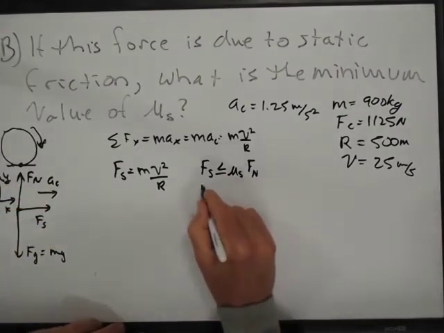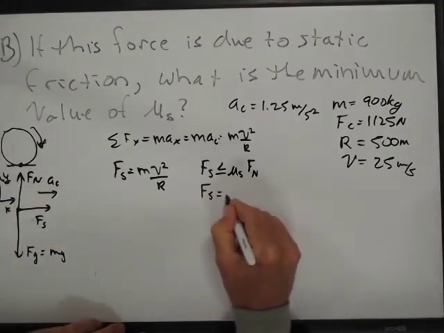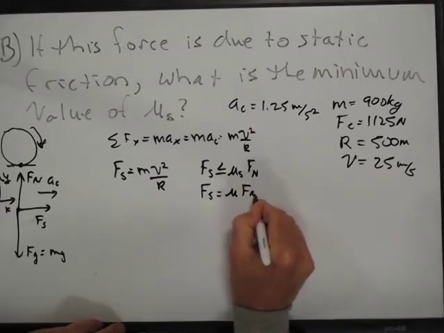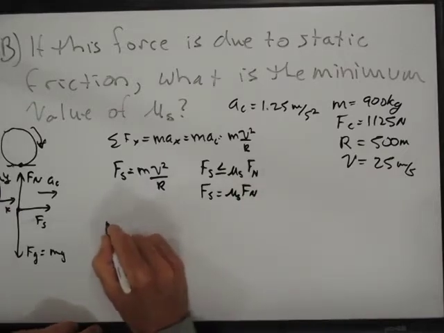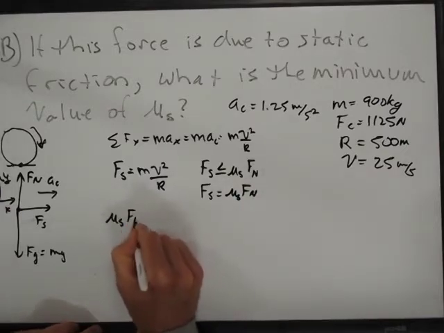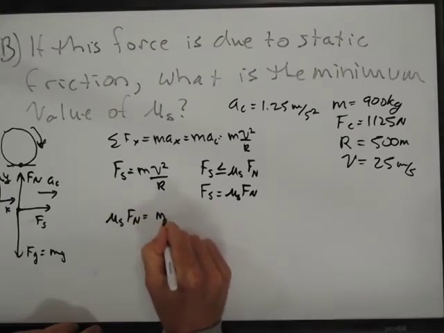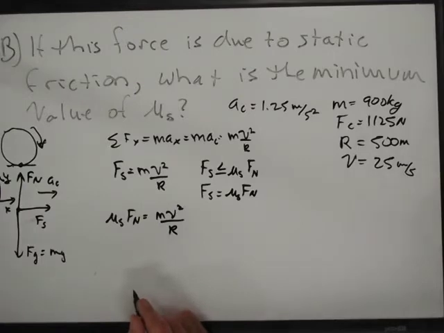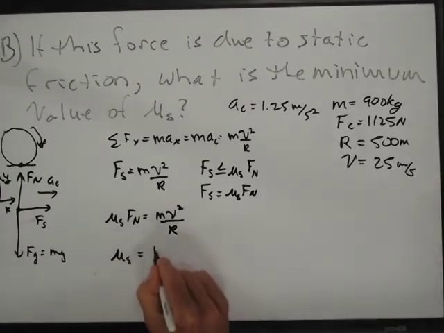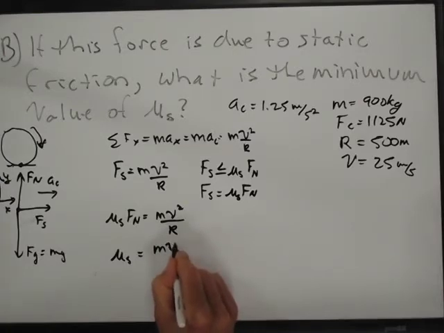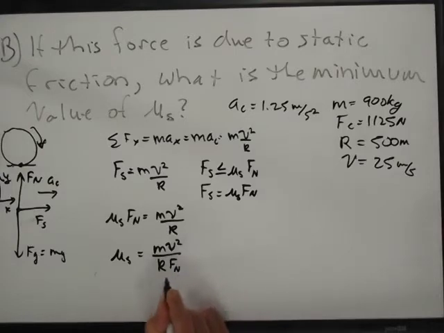And so F sub s is equal to mu sub s times the normal force. Now we get mu sub s times the normal force is equal to mv squared over r, and so mu sub s is equal to mv squared over r times the normal force.